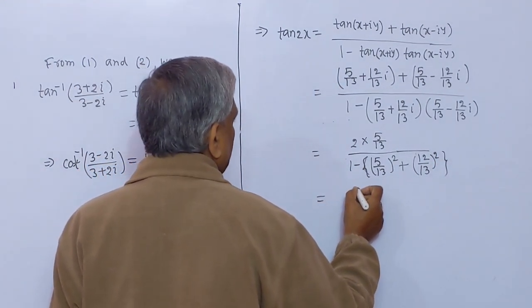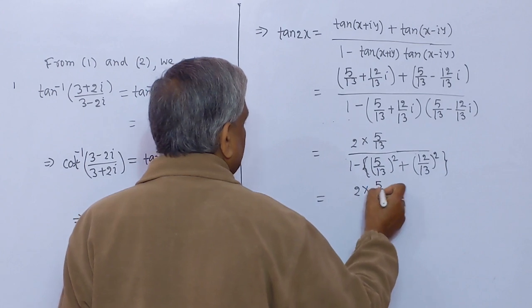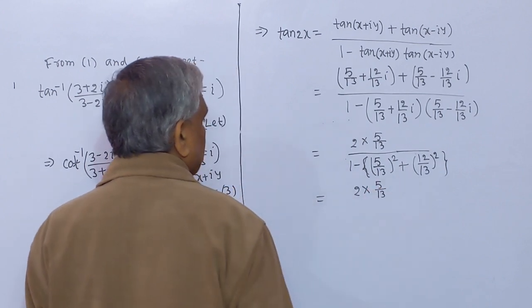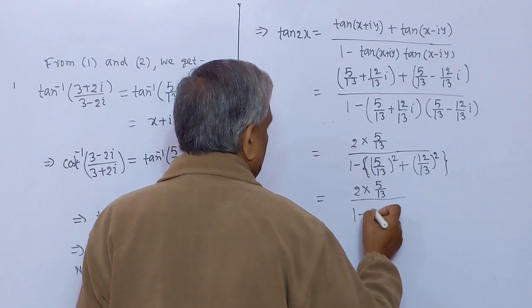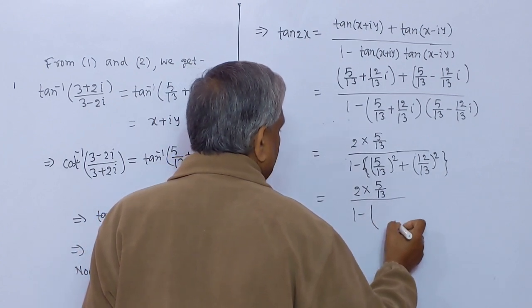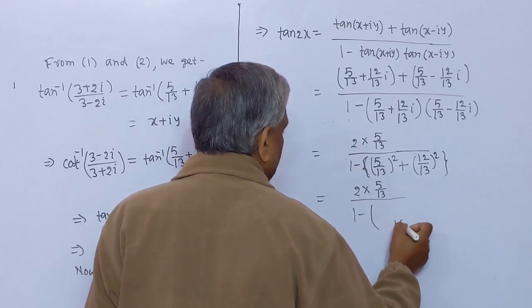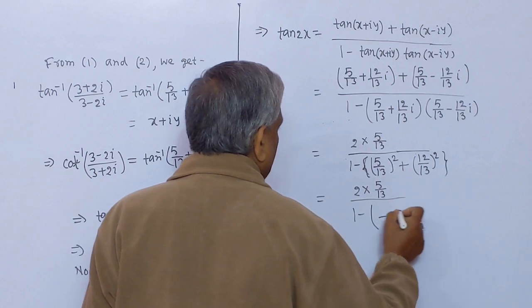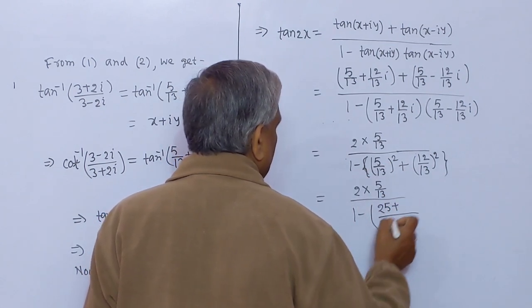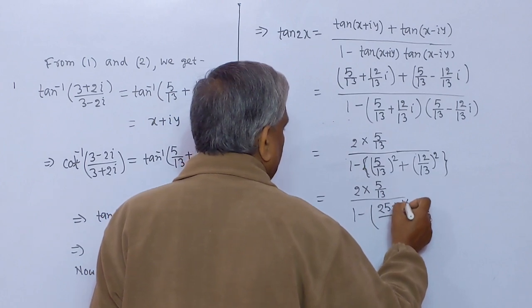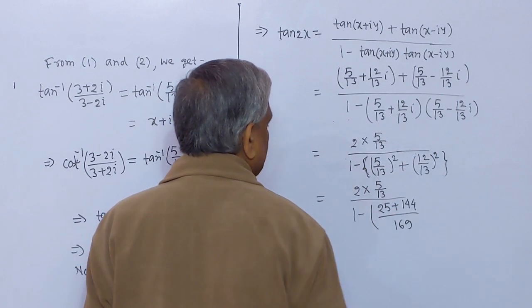This is equal to 2 multiply 5 by 13 by 1 minus, here 13 square means 169, here 5 square 25 plus 144, 12 square.